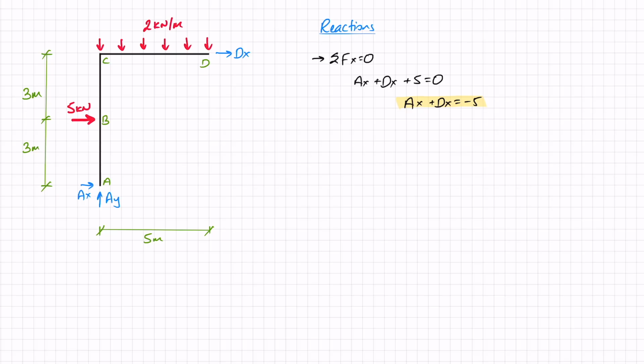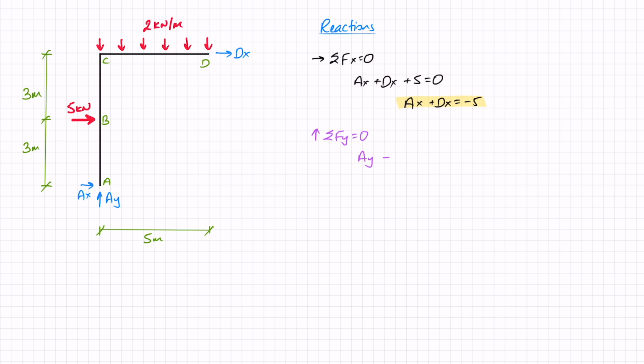Moving on now to the sum of forces in the y direction equals 0, with this being my positive direction. I've got a reaction of AY in the positive direction, and the only other thing that I have is that uniformly distributed load along CD of 2 kilonewtons per meter. It's going in the negative y direction, so minus, and I have there 2 kilonewtons per meter over 5 meters.